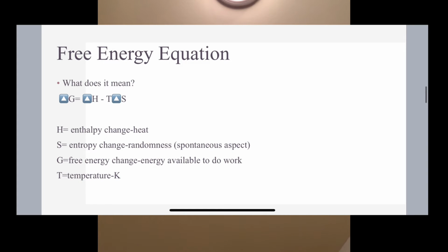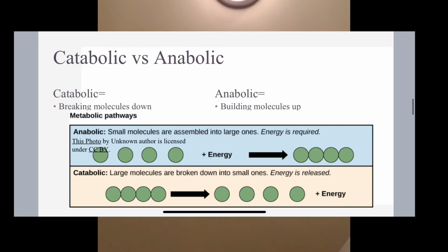By doing this, we can assign each symbol to a real-life thing, and it really helps us figure out the amount of free energy in a system, which is super cool because you can go in and calculate this.